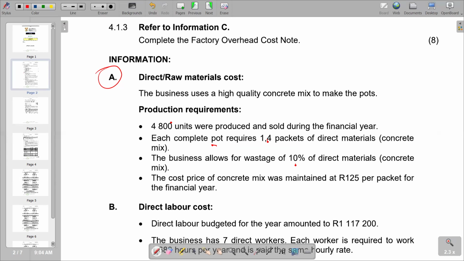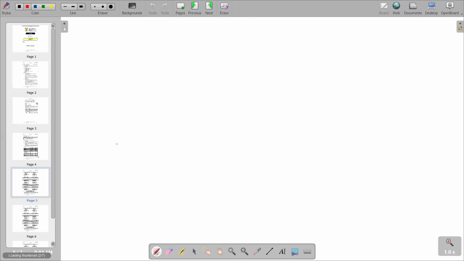On the calculation, we are going to have our 4,800 units, and then we multiply by 110% so that we get the units before losing the 10%. So we go to our other section, where we have our 4.1.1.